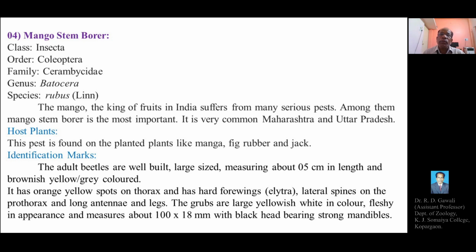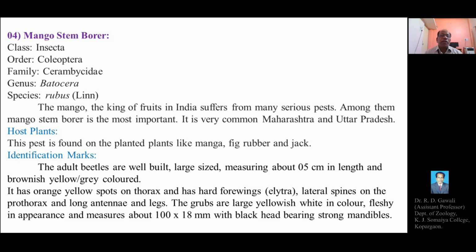It is very common in Maharashtra and Uttar Pradesh. The host plants of the mango stem borer are the mango, fig, rubber and the jack. So these are the four different types of plants which can get infested by mango stem borer.